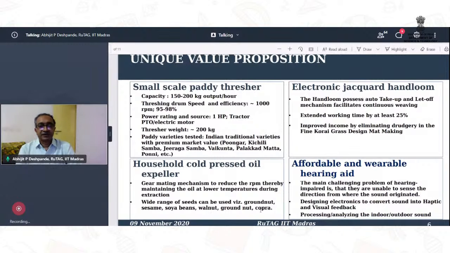Also, for Indian traditional varieties where some of the large-scale threshers may not work as effectively, since we have kept in mind the variability of these rice stalks and their properties, we've shown that the design is very useful for a lot of these varieties which are exclusive to Tamil Nadu and Kerala conditions.